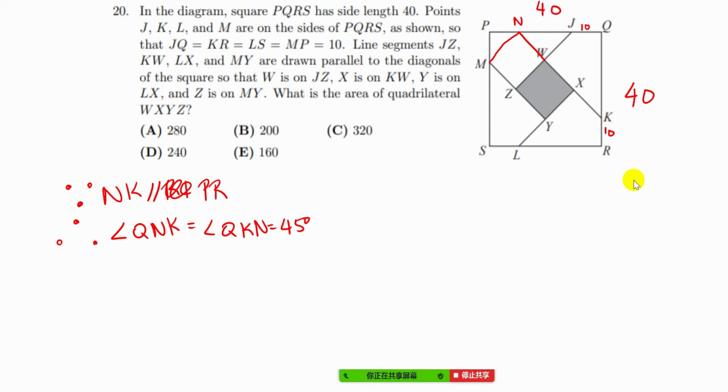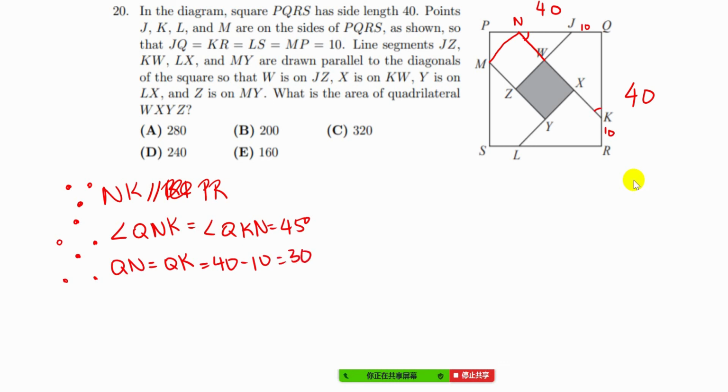So because NK is parallel with PR, the angles where it meets QP and QR would also equal 45 degrees. And then we know that QN equals QK equals 40 minus 10 equals 30.